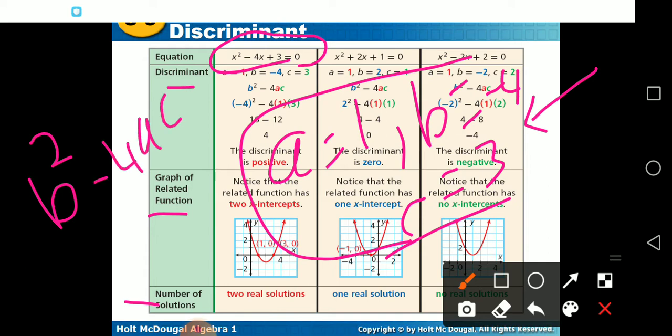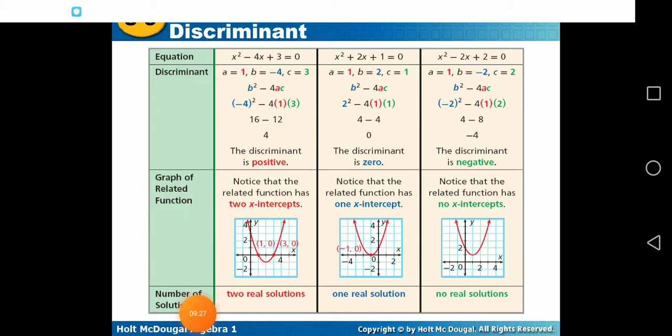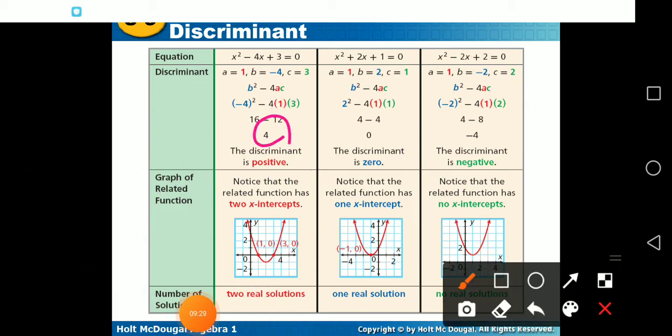Negative 4 squared is 16, minus 4 times 1 times 3, which is 12. 16 minus 12 gives me 4. So the discriminant is positive.